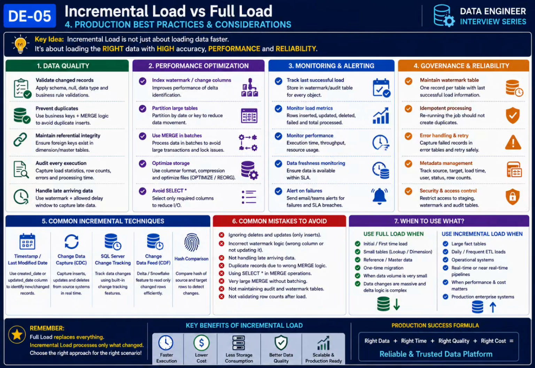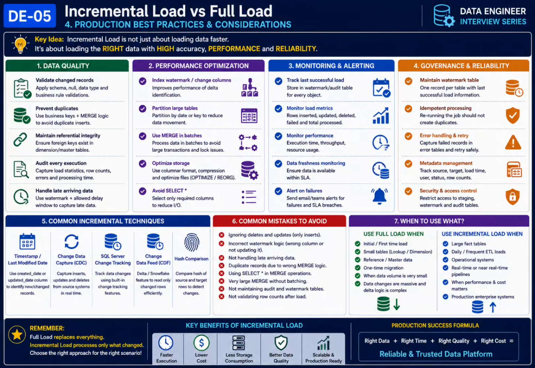Then governance and reliability are also critical. Here we have to maintain watermark tables, then implement idempotent processing, so rerunning a job does not create duplicates. Then log every execution for auditing and troubleshooting.